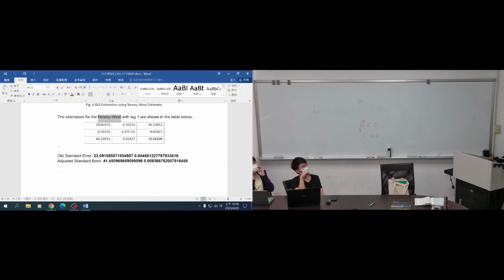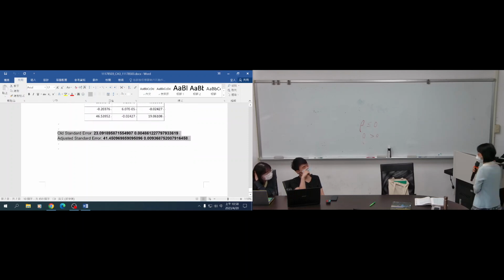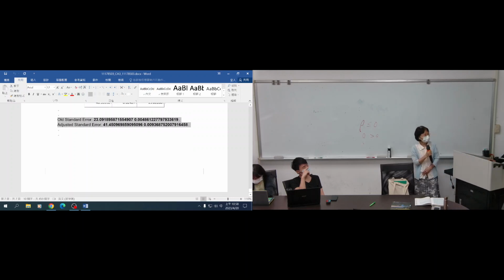What is this? These are estimator values, Professor, but this was just for lab 1, and I forgot to delete this one. Oh, really? It's really confusing.